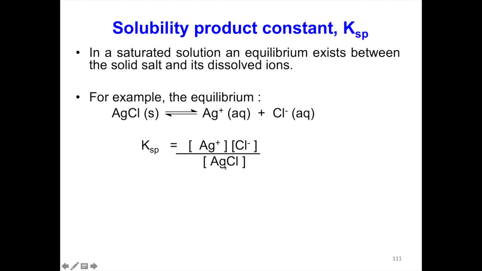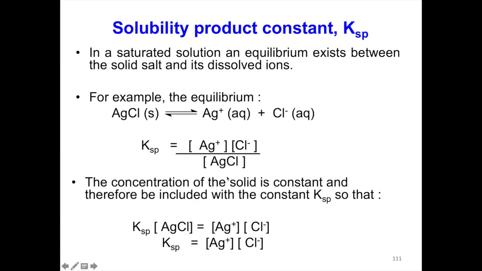So that means it's supposed to be the concentration of Ag plus times the concentration of Cl minus divided by the concentration of AgCl. But the concentration of the solid is constant, so we only include the concentrations of products. So the correct Ksp expression is equal to the concentration of Ag plus times the concentration of Cl minus.